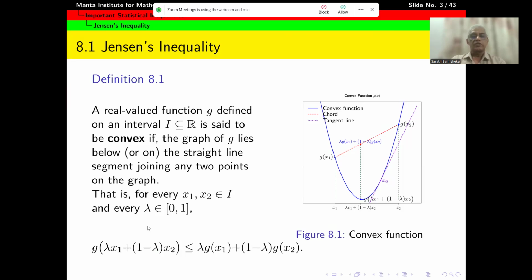A real valued function g defined on a real interval I is said to be convex if the graph of g lies below or on the straight line segment joining any 2 points on the graph. So, for example, this is an example of a convex function.